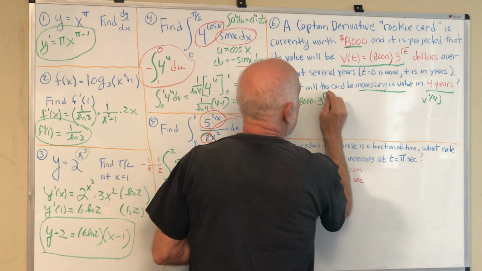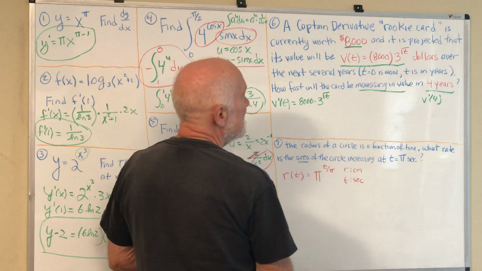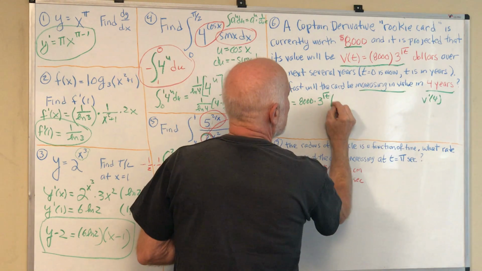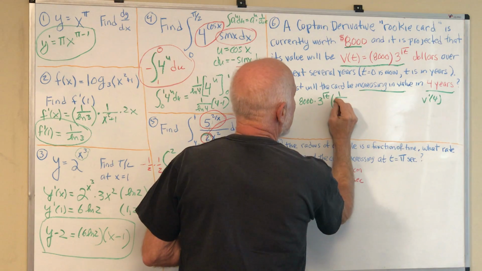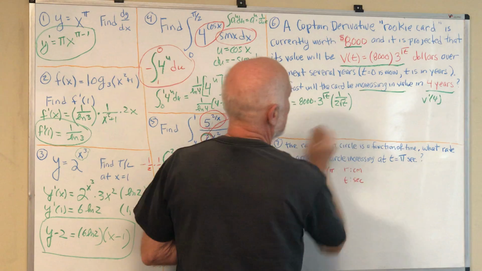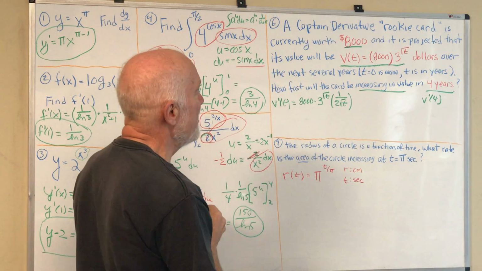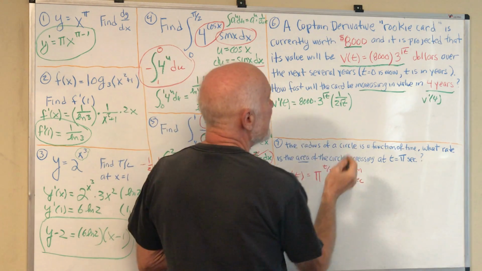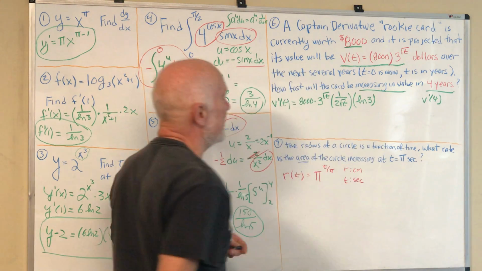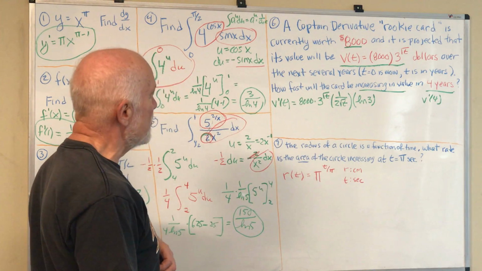So we go 3 to the square root of t times the derivative of the square root of t. Well, that's 1/2 t to the negative 1/2. And then you still have that extra constant that comes in the new formula. So that should be the answer.